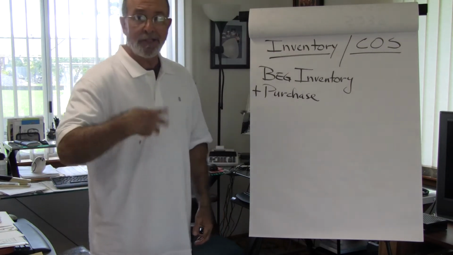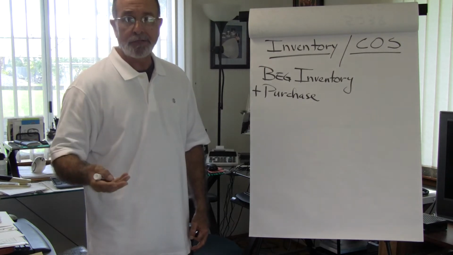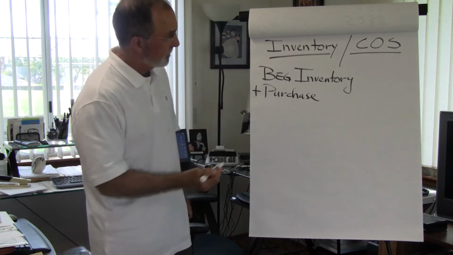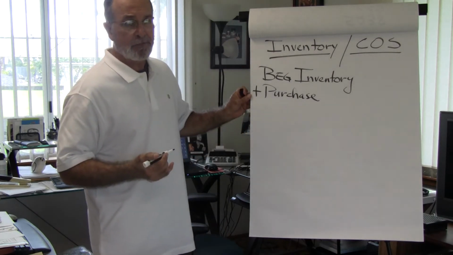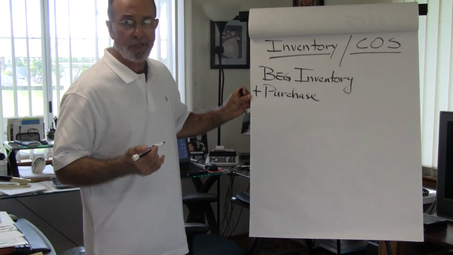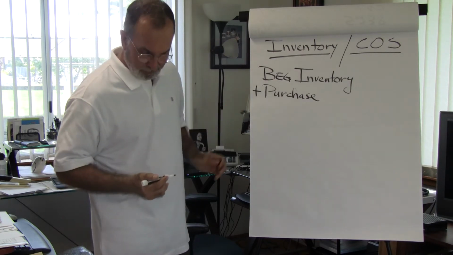So buying and selling is the main focus for a merchandiser typically throughout the whole year. So one of the main transactions that we work with for a merchandising concern is a purchase of inventory.